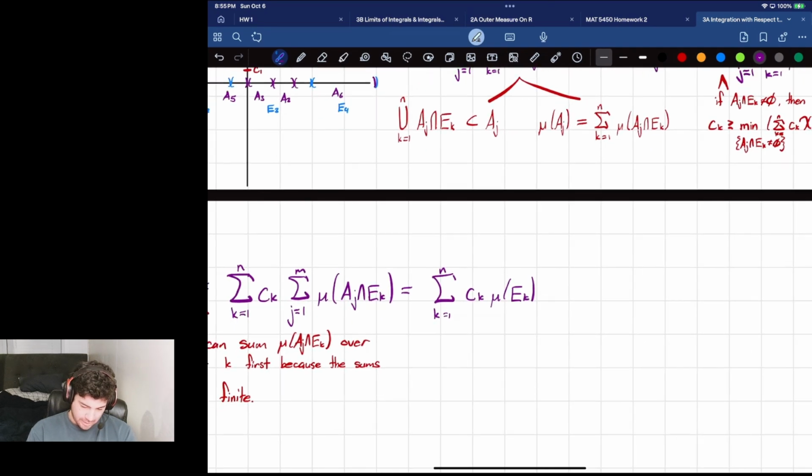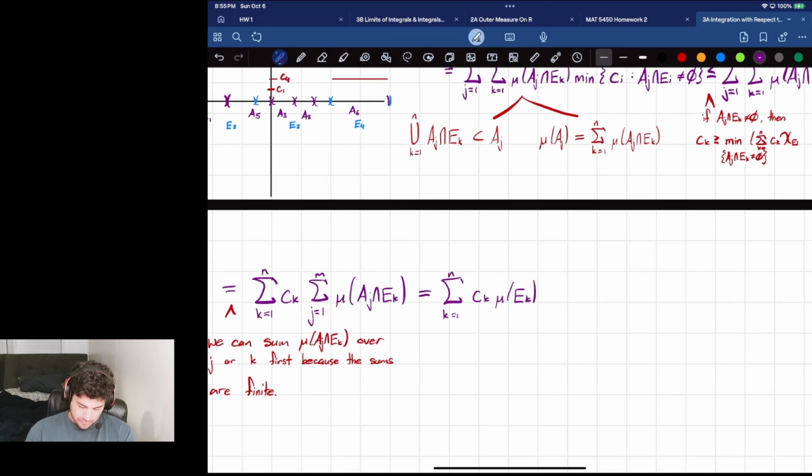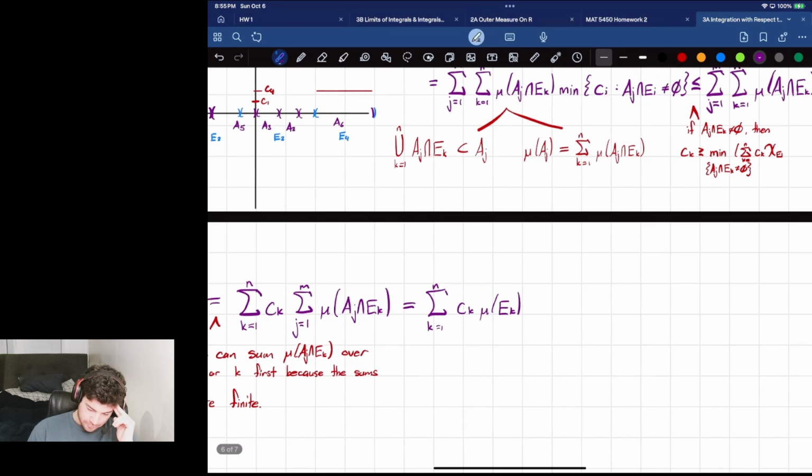Okay, so why is that? The union of Aj intersect Ek is a subset of Aj.